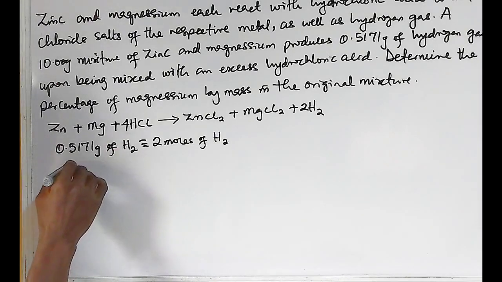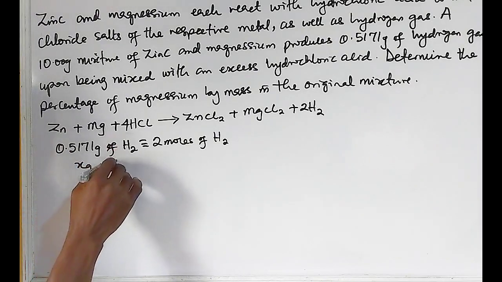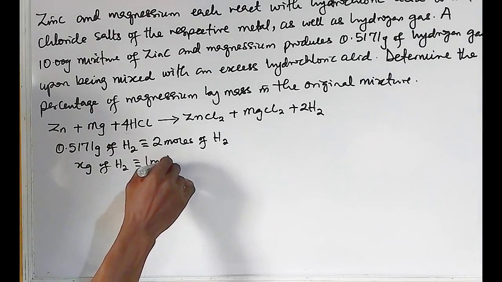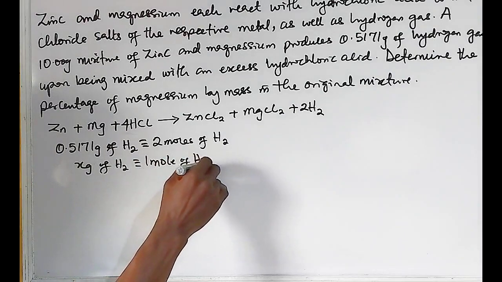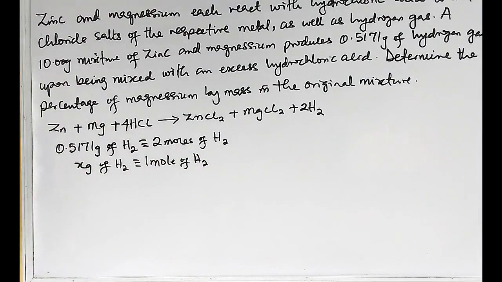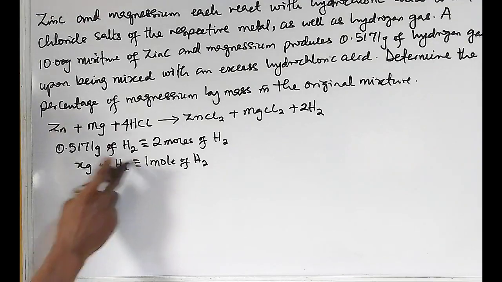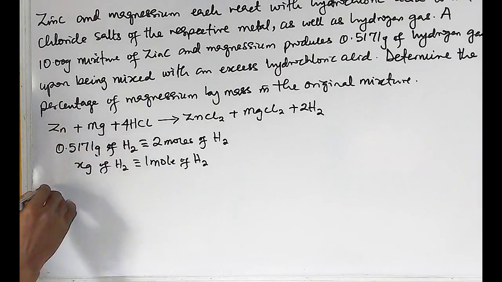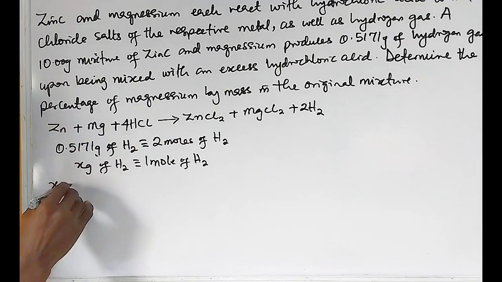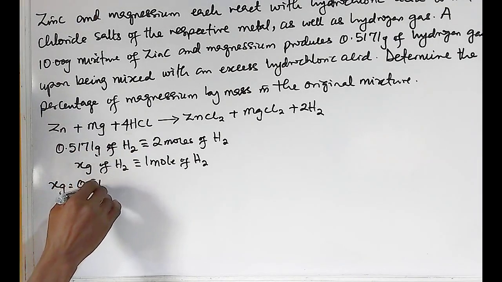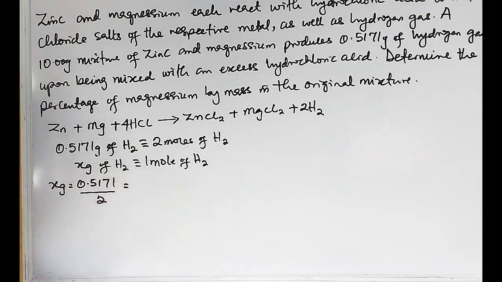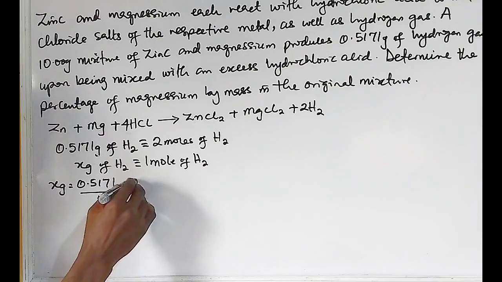So let us say x gram of hydrogen gas is equivalent to 1 mole of hydrogen gas. Then x gram will be 0.5171 all over 2, and this will give us a 0.